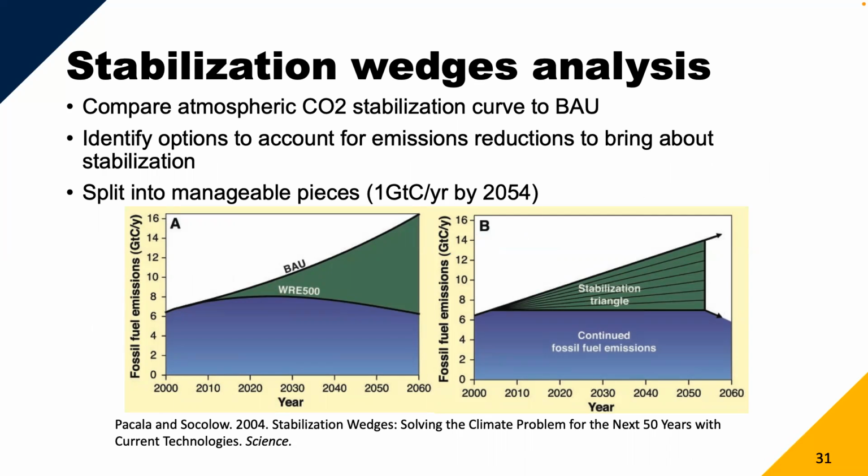So this is a way to account for emissions reductions where we can split it into, I guess, these manageable pieces. This is another simple approach where we can look at individual interventions and how they might affect a BAU, business as usual, curve.